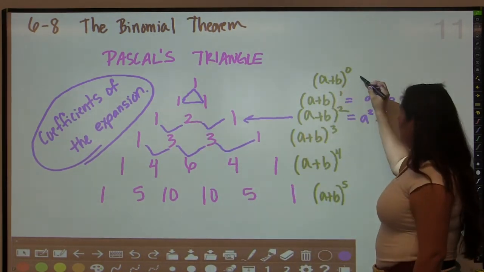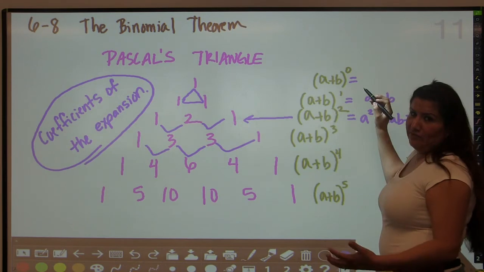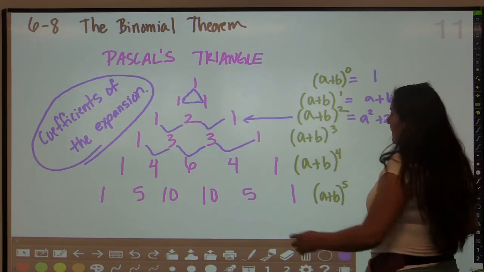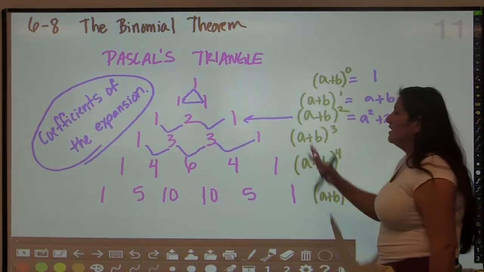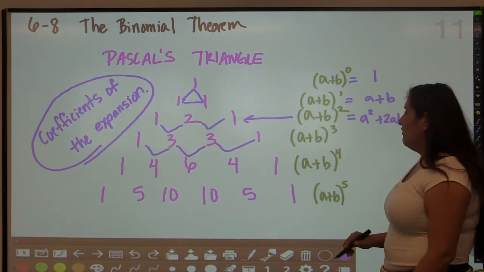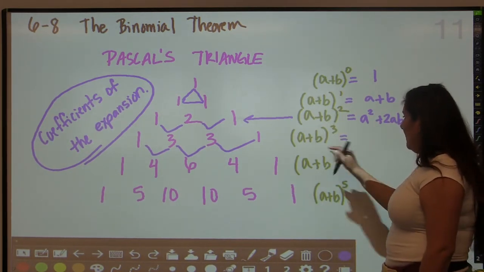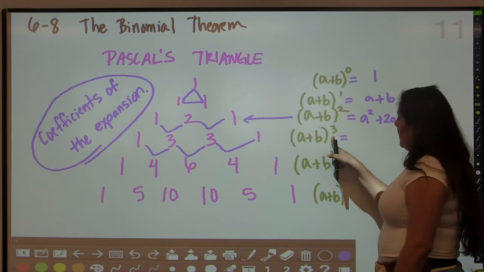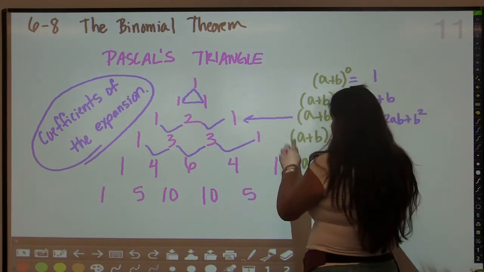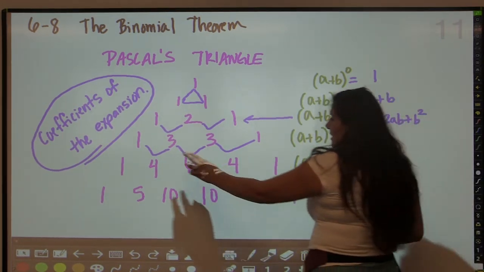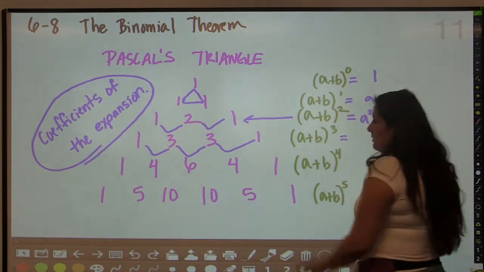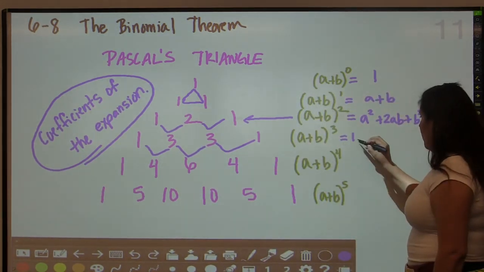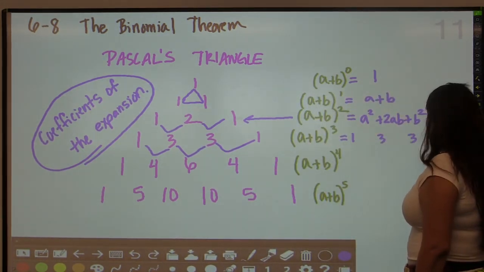If I look at a plus b to the 0 power, anything to the 0 power is 1, and that's a 1. So basically this triangle gives us the coefficients. So when I look at a plus b to the 3rd power, it's telling me that the coefficients of the different terms are going to be 1, 3, 3, 1.